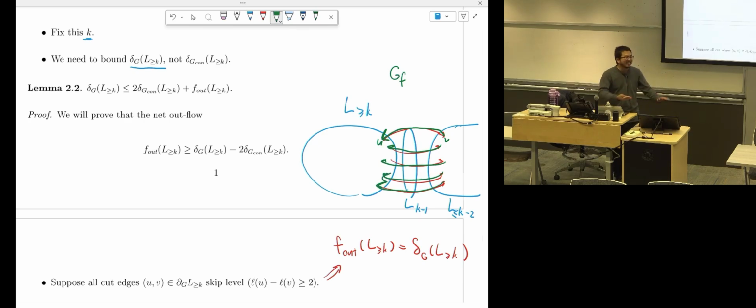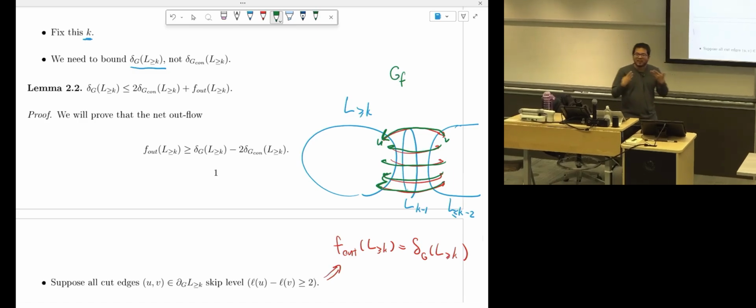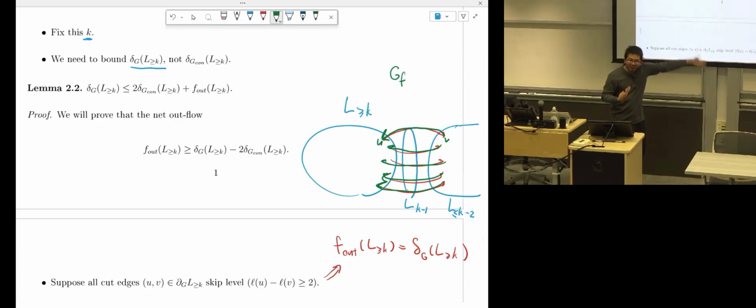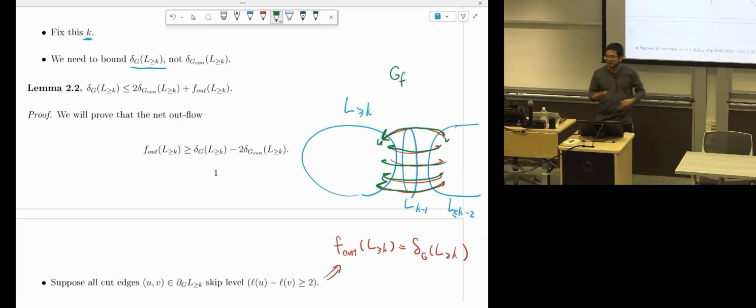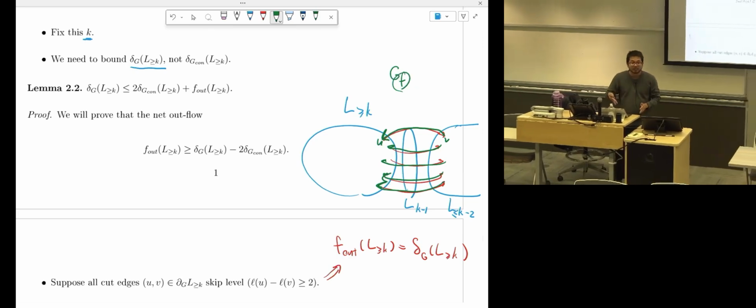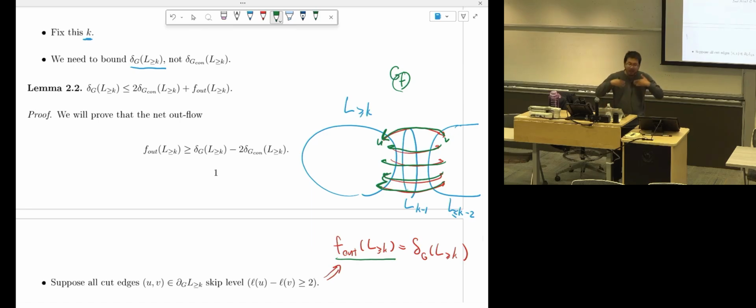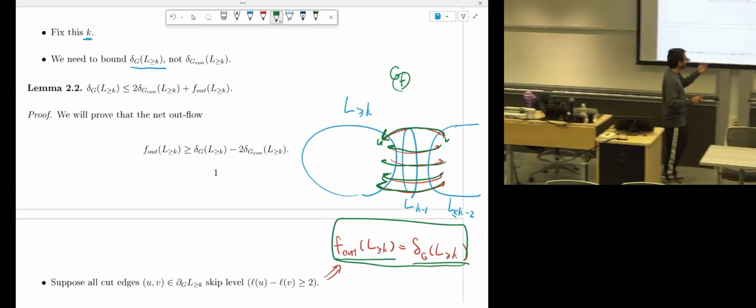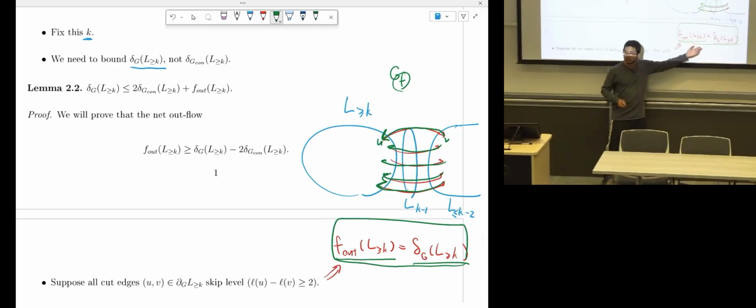But if it only goes uphill, it means that the flow is saturated on all of these edges. So all the flow F saturated all these cut edges, so F out of the cut just saturated all edges. Are you convinced that if our edges are skipping levels, we have this?